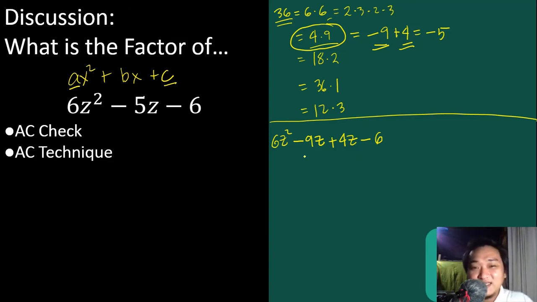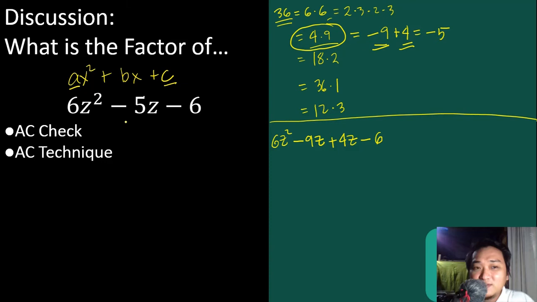Okay, so now, what we did was expand. Where did we get this? We got it from the factors of 36.